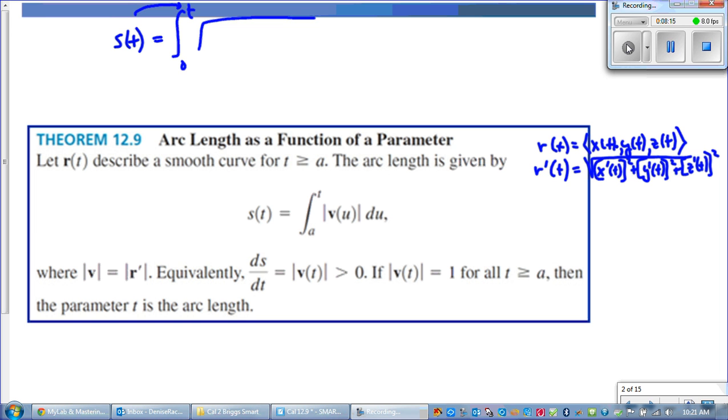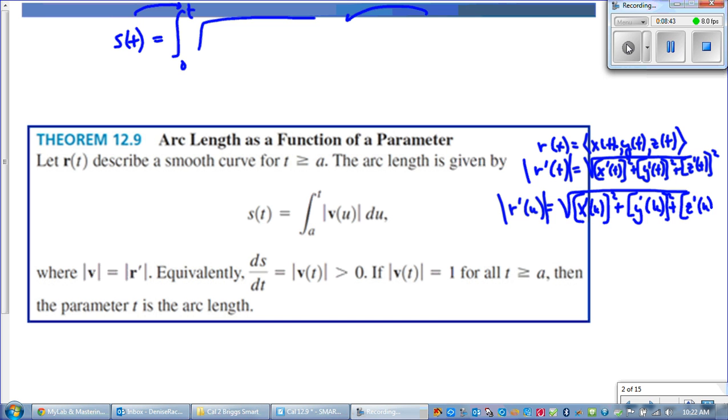So I'm going to use u in this description. The magnitude of r prime of u will be the square root of x prime of u squared plus y prime of u squared plus z prime of u squared.